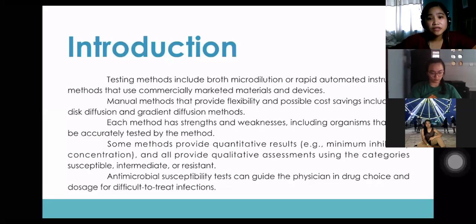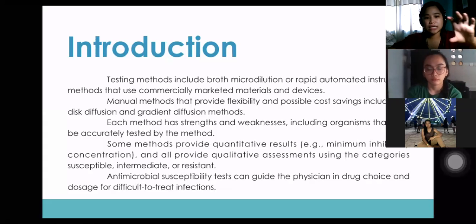So testing methods include the broth microdilution or rapid and automated instrument methods that use commercially marketed materials and devices. This broth microdilution, broth di ba liquid siya, is being set up sa mga several tubes with different dilution or concentration of the antibiotic and the inoculum.